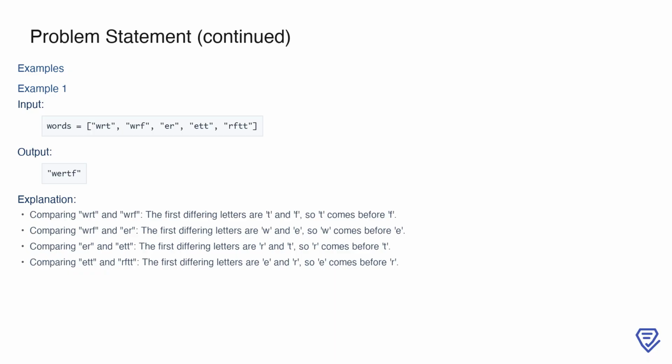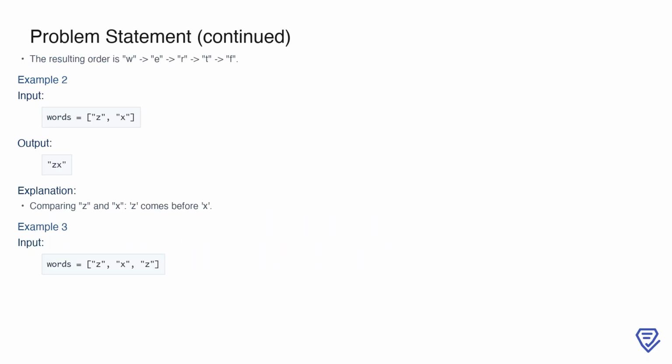Then, comparing er and ett, the first differing letters are r and t, so r comes before t. Finally, comparing ett and rftt, the first differing letters are e and r, so e comes before r. By combining these relationships, we determine the order w-e-r-t-f.